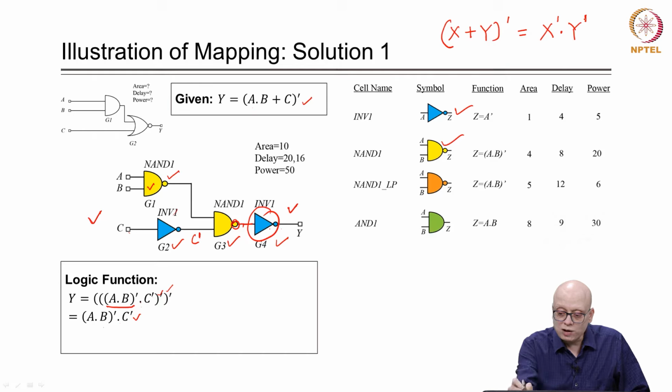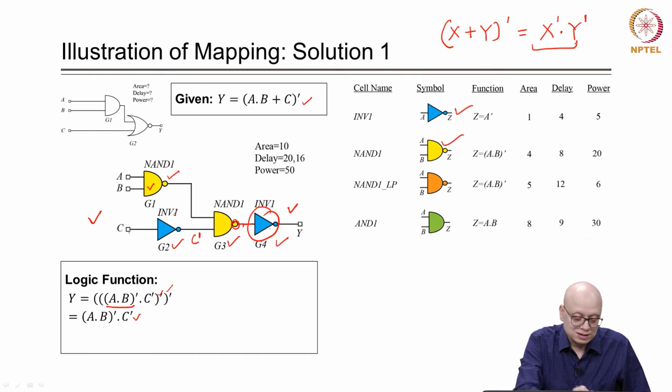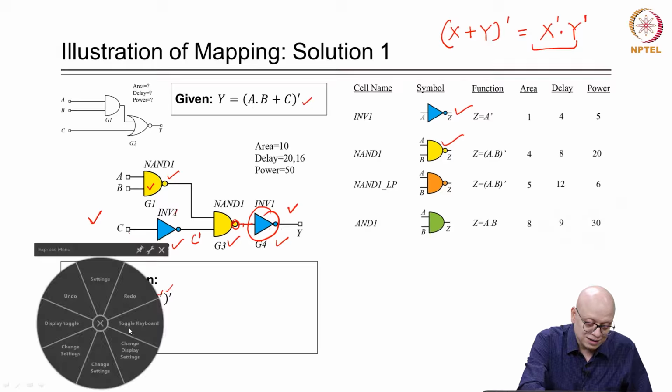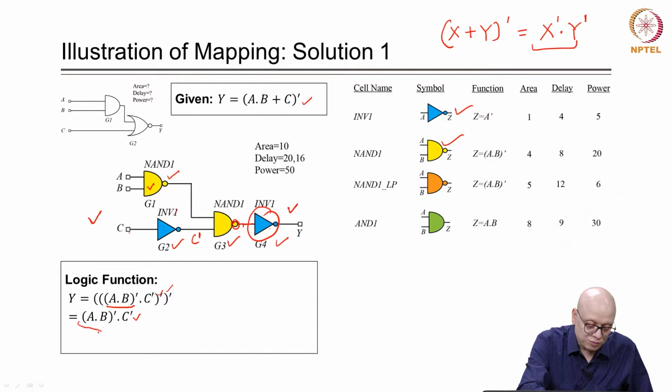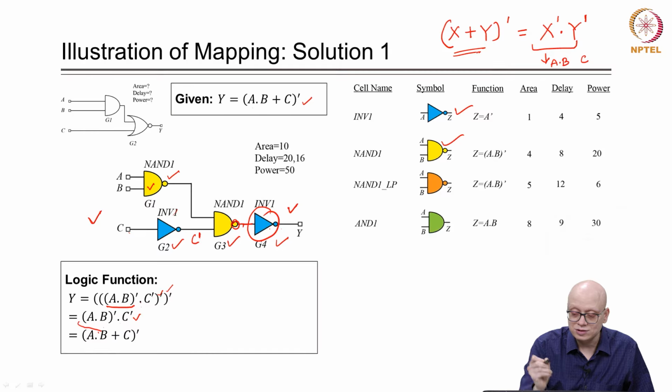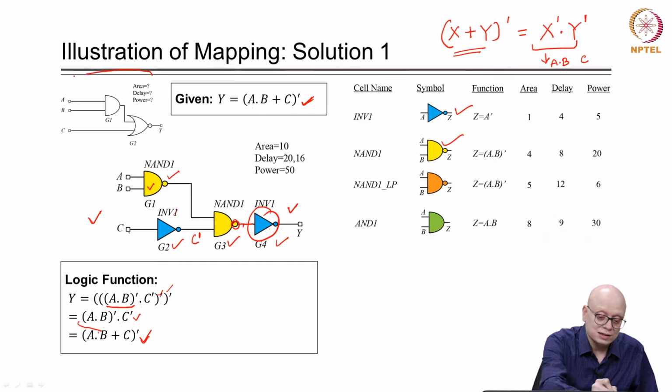If we look at this part, it is similar to this, where x is the same as A dot B and y is the same as C. Therefore, using the LHS of this, we can write (A dot B plus C) whole complement, and this is nothing but the given function which was here.